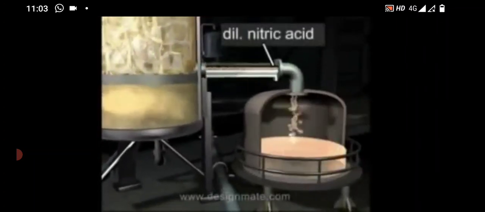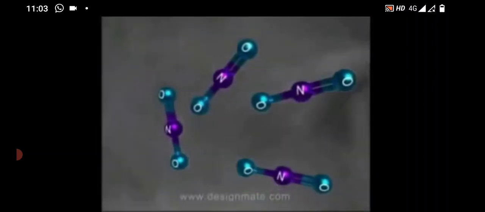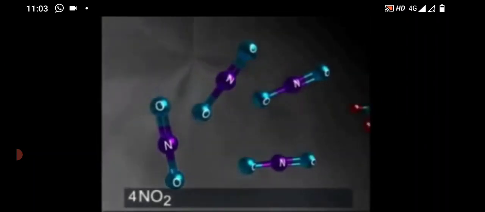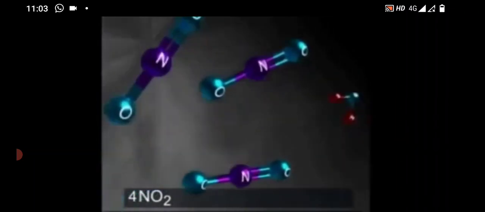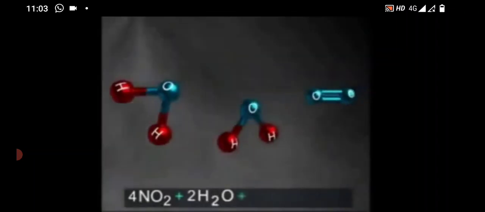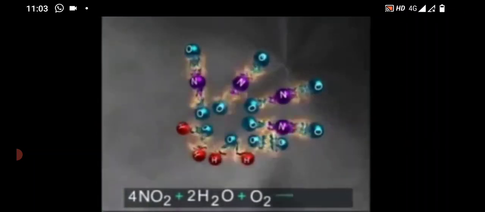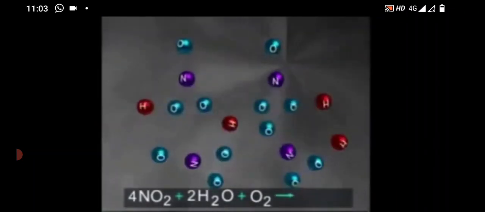The water dissolves the nitrogen dioxide and non-reacted oxygen to give dilute nitric acid. 4 molecules of NO2 and 2 molecules of H2O and 1 molecule of O2 give 4 molecules of HNO3.